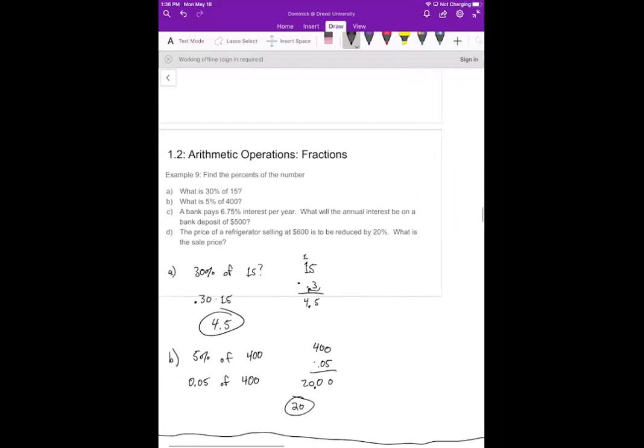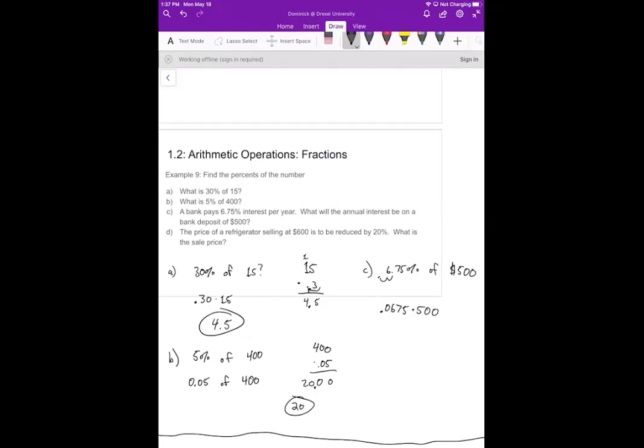Okay. For part C, we'll need a calculator for this part, but I have a bank that's paying 6.75% interest. And we want to know what is 6.75% of a deposit of $500. So I need to move this decimal place over, and I get a 0.0675 times 500, right? So let me grab a calculator here.